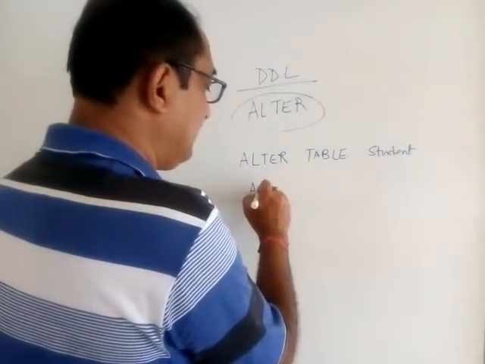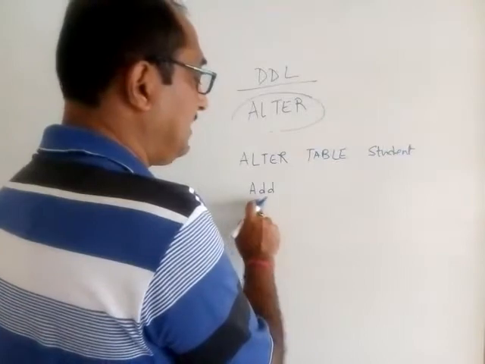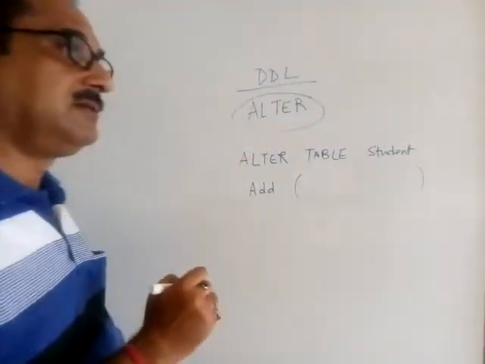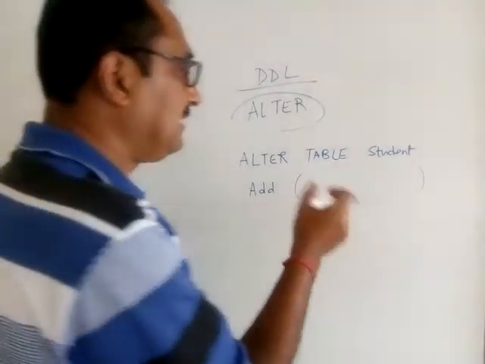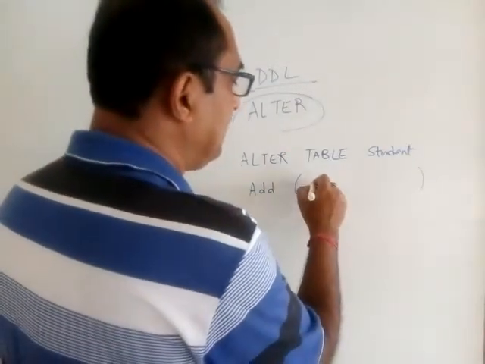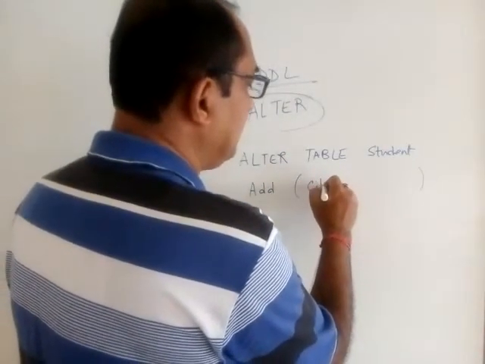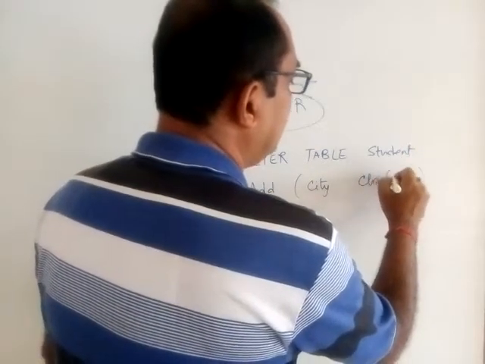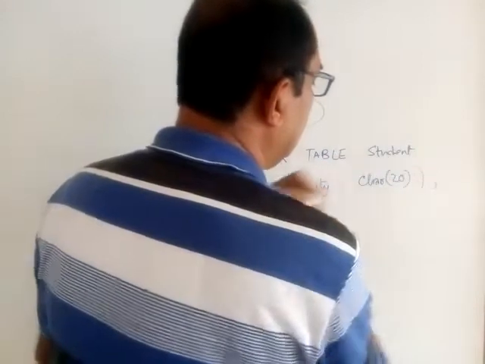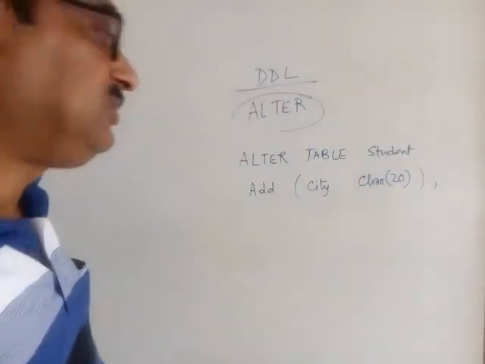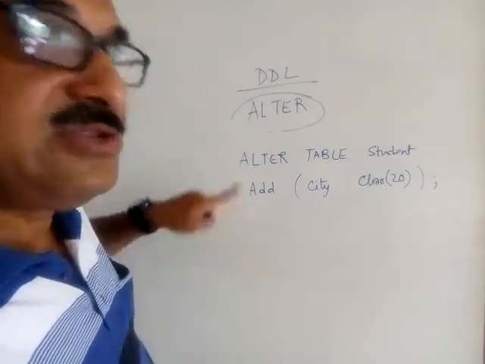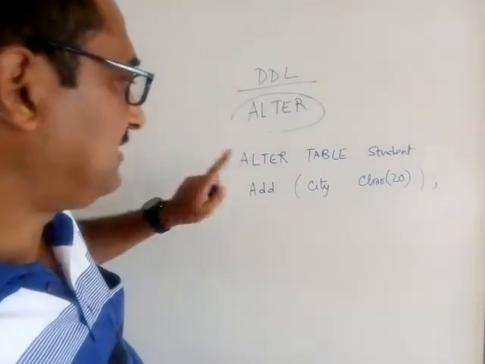So you have to write add, and then the whole thing will come with the bracket. What will come with the bracket? The column that you want to add. Say you realized that you did not declare a field called city, and the city should be of character 20. So that comes basically as a new field of the table. This is one application. This you have done in class 11. I just repeated the thing.